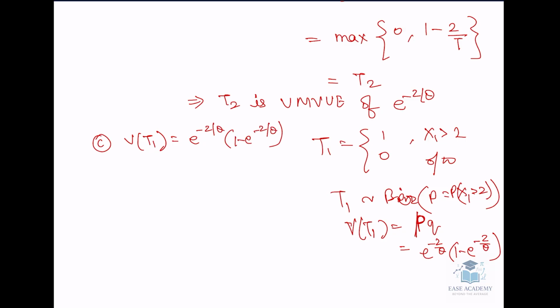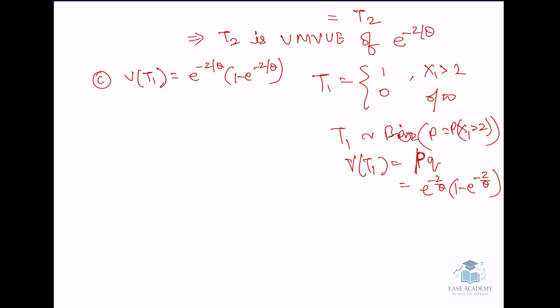Now we have to check whether e to the power minus 2 by theta times 1 minus e to the power minus 2 by theta is less than or equal to 2 by theta e to the power minus 4 by theta for every theta greater than 0.